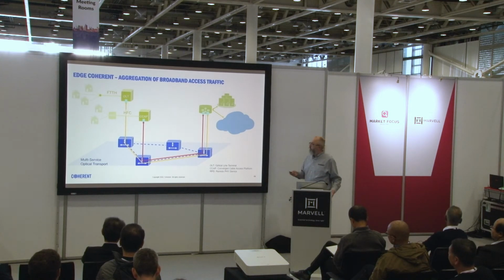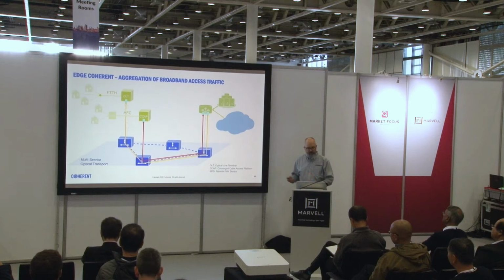So, for example, if you're aggregating traffic, whether it's traffic from fiber to the home, OLTs, or hybrid fiber coax networks, there's a need to aggregate that traffic over a DWDM optical layer, and then of course pass it on to 400G technology further up in the network.